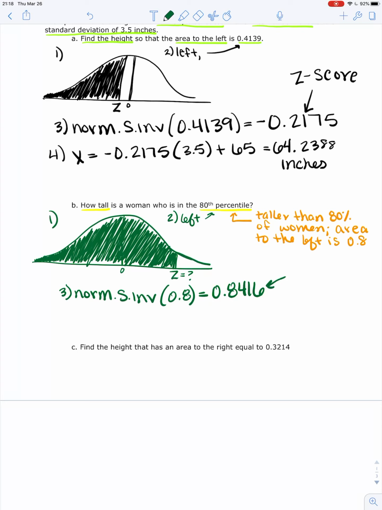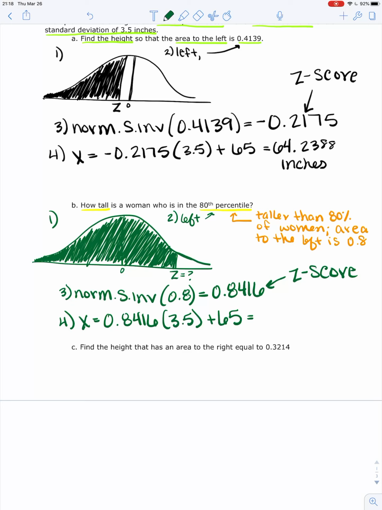Okay, and again, this value that I just found is the z-score. It is not the height of the woman. There's one more step to find her height, which is to take the z-score that I just found, multiply it by the standard deviation, and then add the mean.